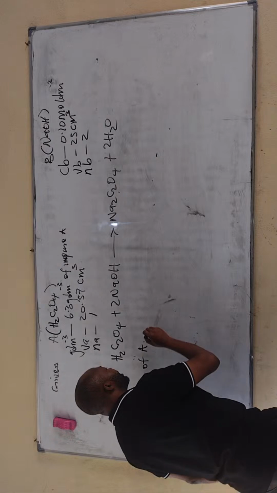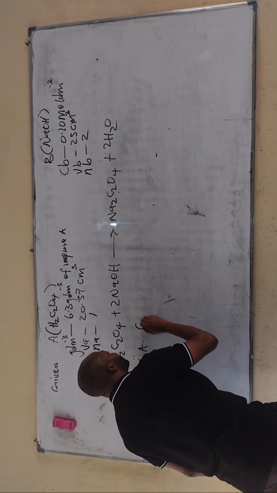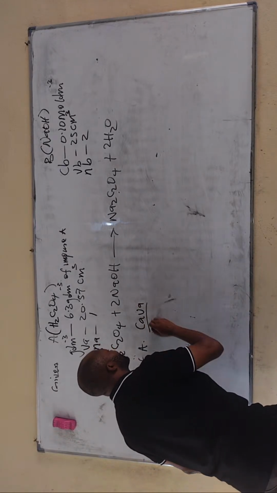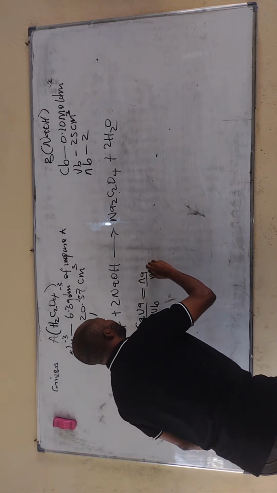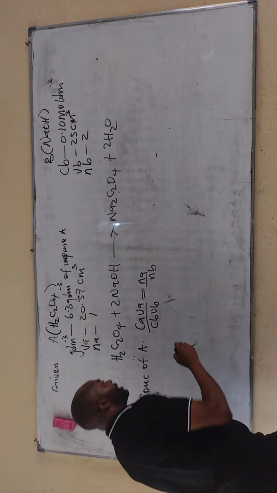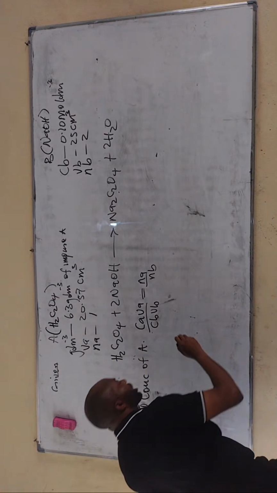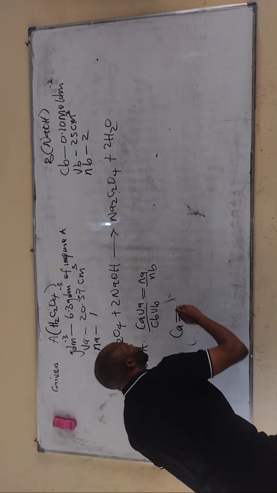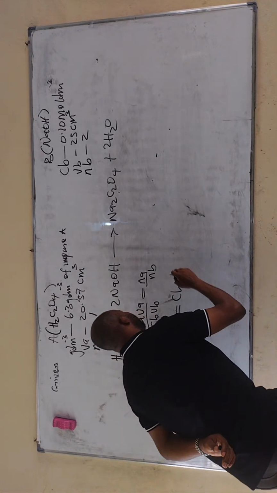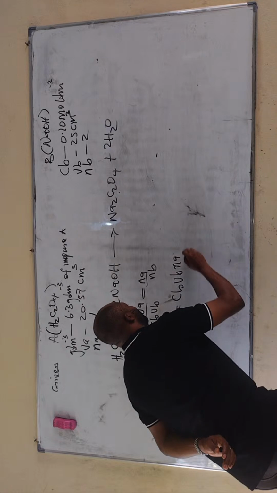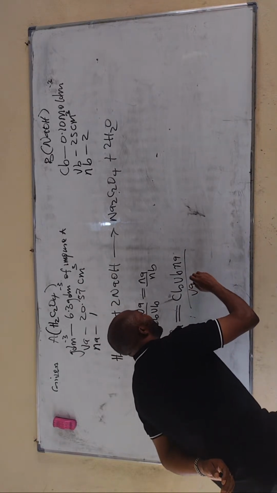So I can now say we use the formula CAVA over CBVB is equal to NA over NB. So my CA, which is what I'm looking for, is equal to CBVB NA over VA NB.